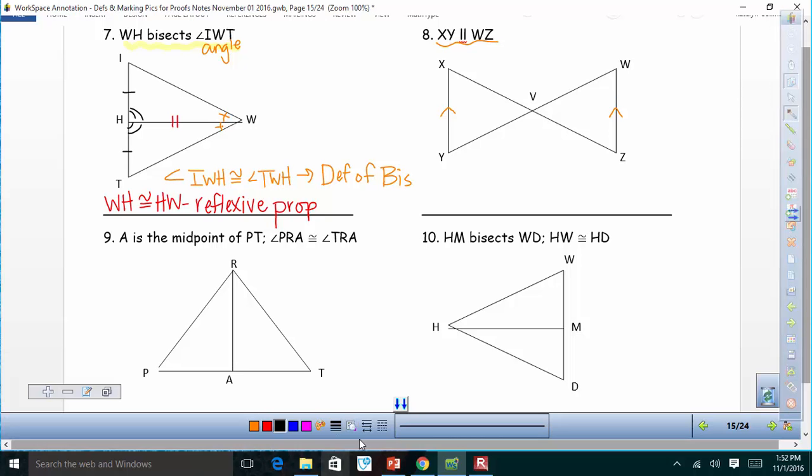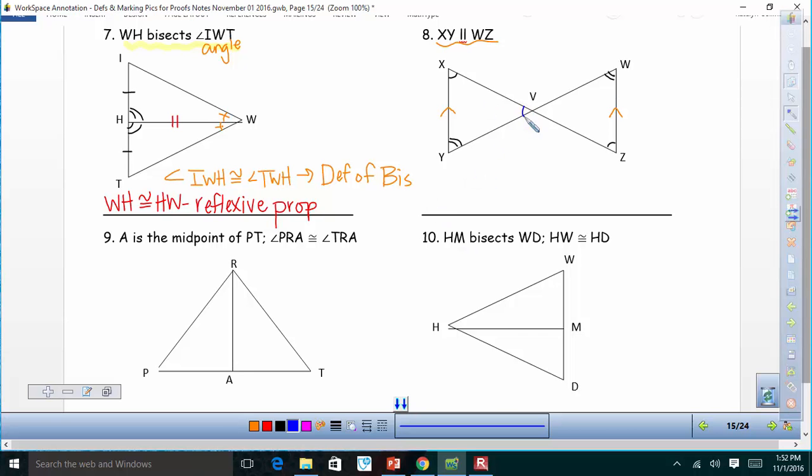And then y'all have labeled that this angle and this angle is congruent to this angle. Okay, so looking at the picture, because this is all that we're given, is there something that's implied that is not labeled? What do you think?